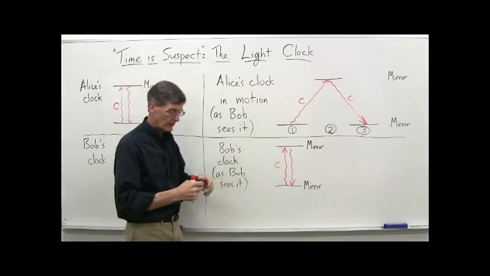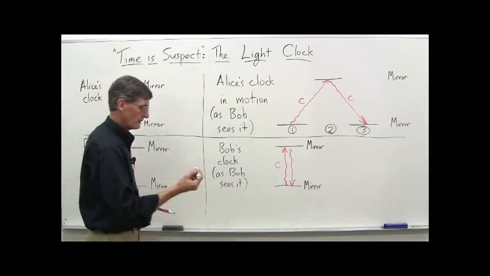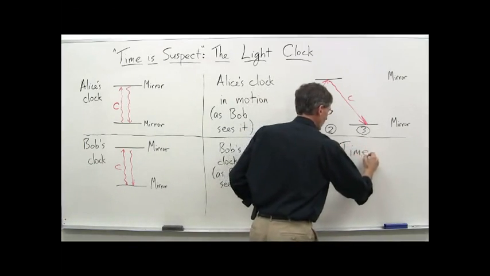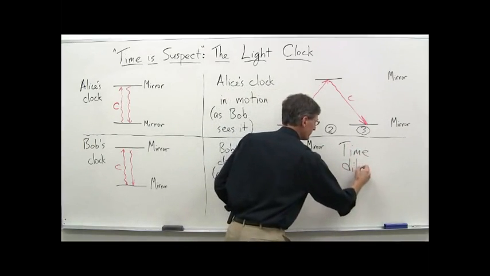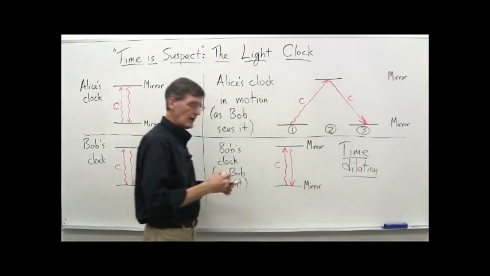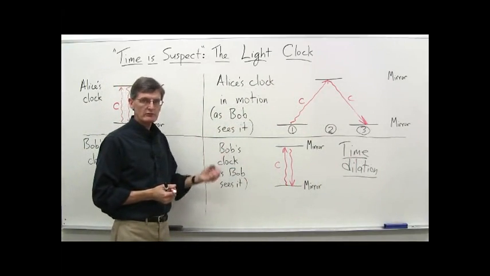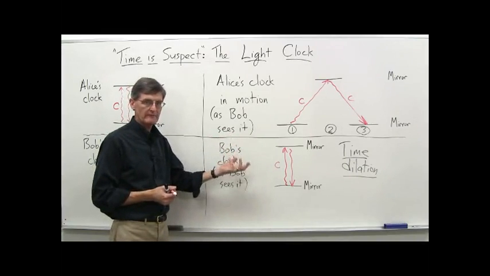And this goes by a famous name. We're going to investigate this more, obviously, but just to give you the name of this effect that you may have heard about: time dilation. Another way to say this is that moving clocks run slow compared to an identical clock that is not moving.